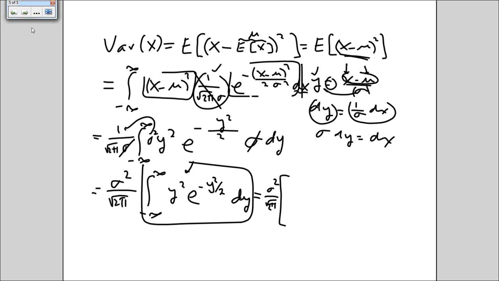This is a probability course. It's y e to the negative y squared over 2 from negative infinity to infinity plus the integral of e to the negative y squared over 2 dy, also from negative infinity to infinity. Once again, this is odd.